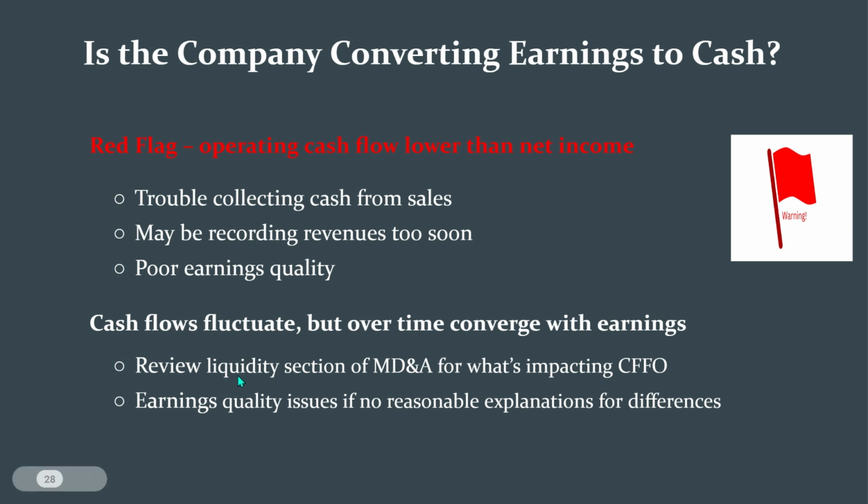You should review the liquidity section of the MD&A for what's impacting cash flow from operations. And MD&A is management discussion and analysis, and this is found in the company's financial statements. Earnings quality issues might exist if there is no reasonable explanation for differences between cash flows and earnings.